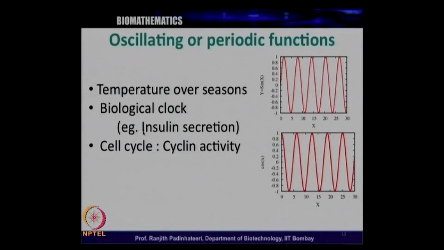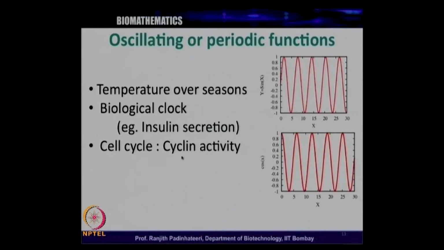So for example, insulin secretion, some protein expression, a gene expression related to the biological clock, is a periodic function, like an oscillating function. So again, if you want to represent this insulin secretion, one can use these mathematical functions of sin x and cos x.